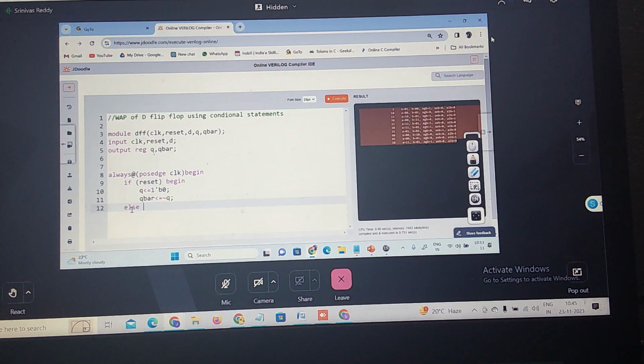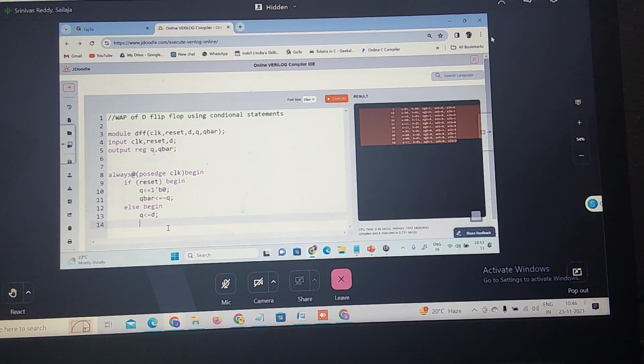Else. Else, what do I need to do? Begin. What is the else body I should write? If reset is equal to 1, it goes here. If reset is equal to 0, where is it going? To the else body, right? What is the else body I need to write? Q, non-blocking statement, less than or equal to D. Correct?